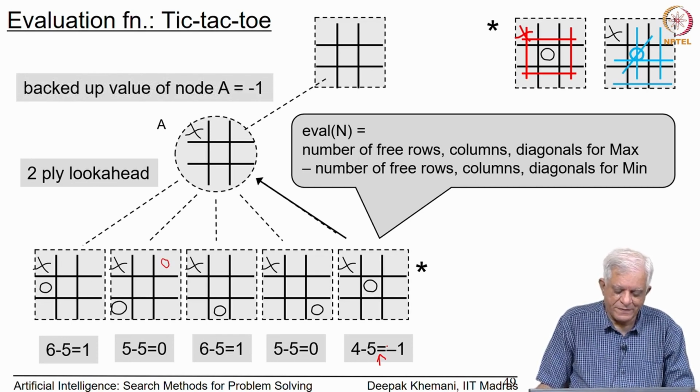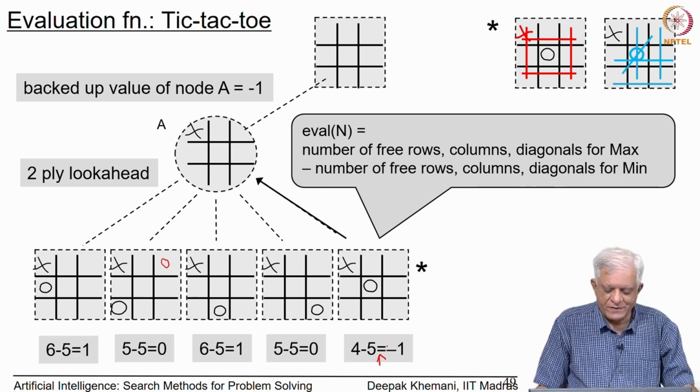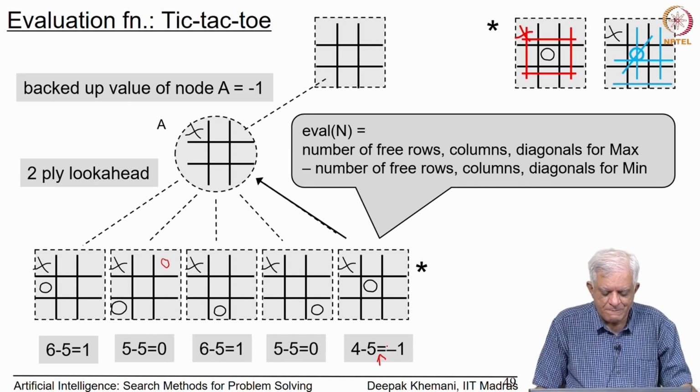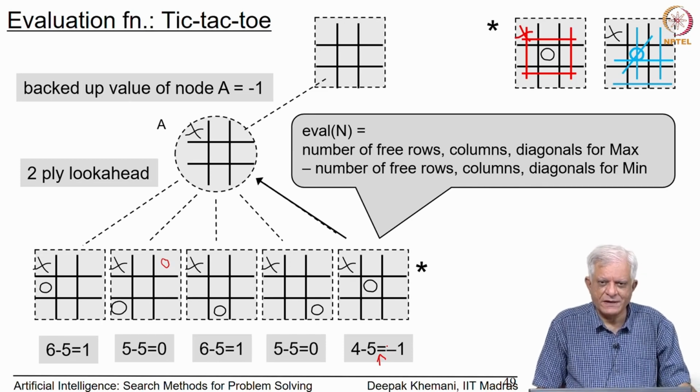Since A is a min node, min would choose the smallest of these, and therefore we would back up the value of node A as minus 1. So, this illustrates the evaluation function for the simple game of tic tac toe.